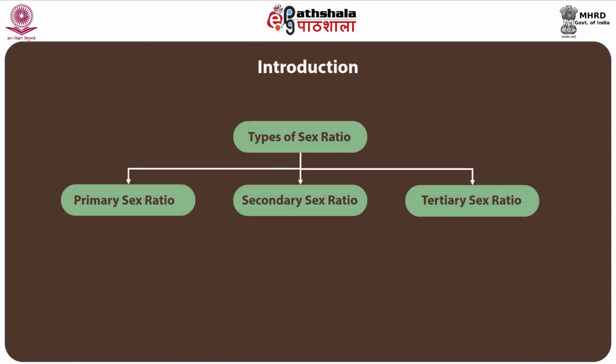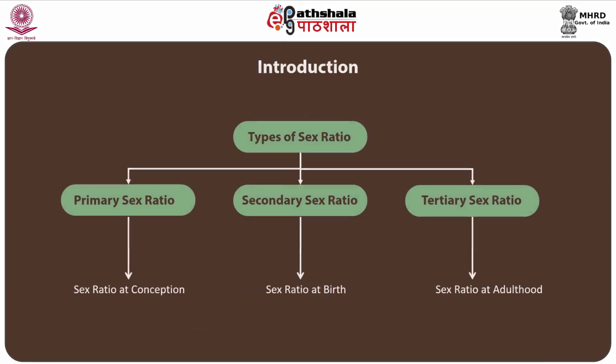First, we have the primary sex ratio, the secondary sex ratio and the tertiary sex ratio. What is primary sex ratio? Primary sex ratio is defined as the ratio between males and females at the time of conception.